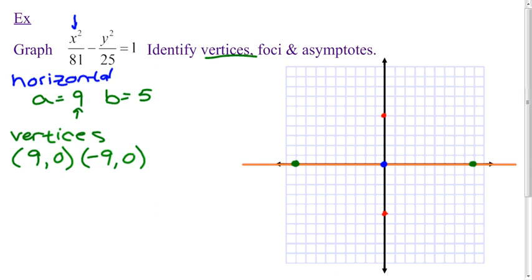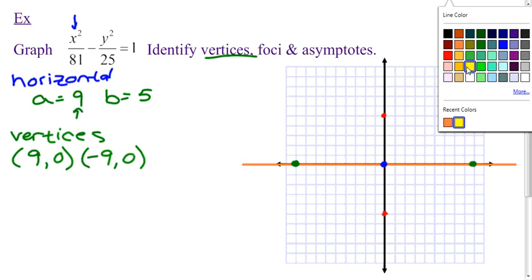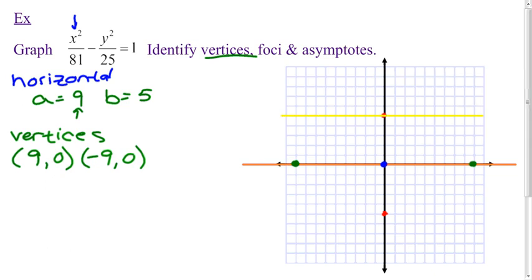So what this ends up doing is it creates this box. Here, here, off a smidge, here, and there. So now, within this region is where my asymptotes fall.